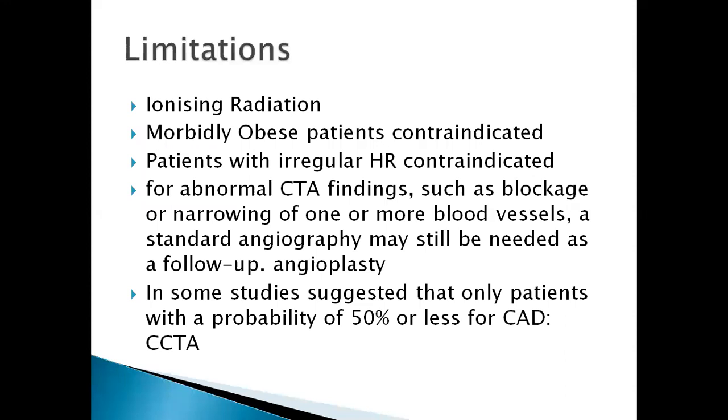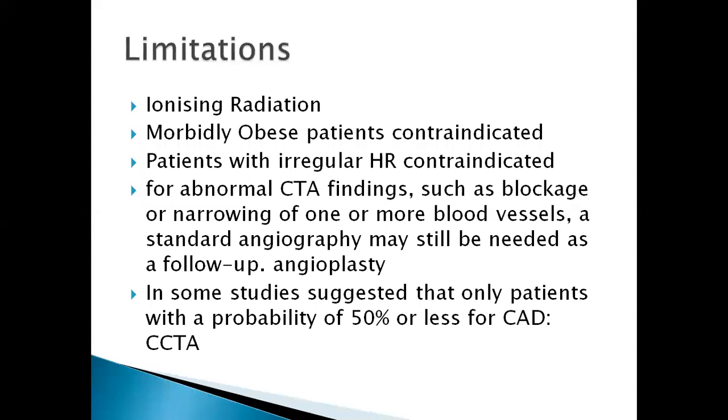And then for abnormal CTA findings, if there is a blockage or narrowing, the cardiologist or the specialist, whoever is in charge of the patient, may decide to still go ahead and do cardiac catheterization. So thereby now you are subjecting the patient to 2 examinations.